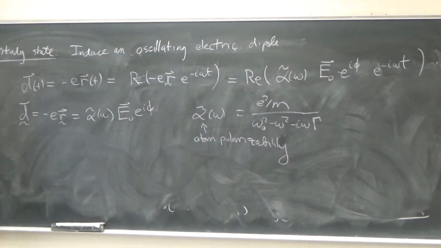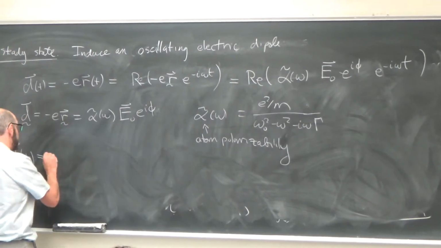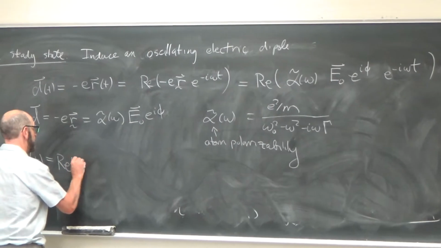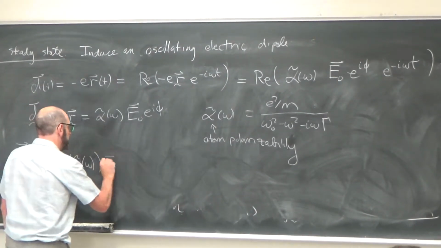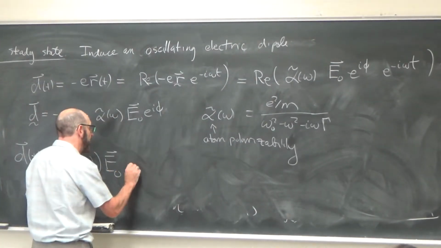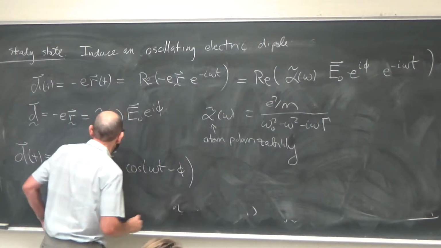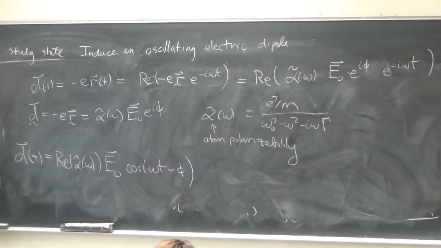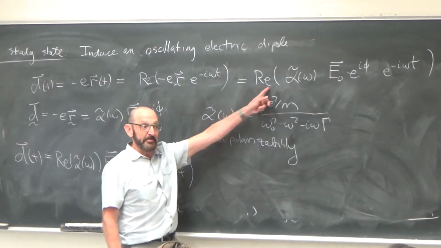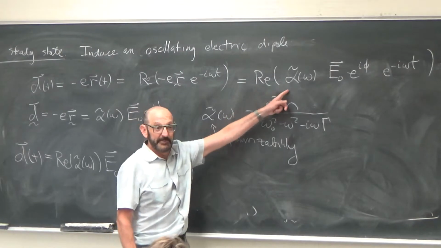Okay. And what we see is that in steady state, the dipole moment oscillates as follows. The real part tells me what fraction of that dipole moment is oscillating with the same phase as the incident field. But then, there's an imaginary part, right?